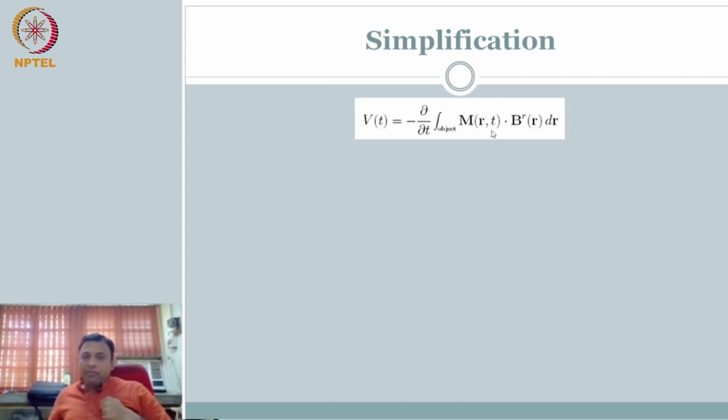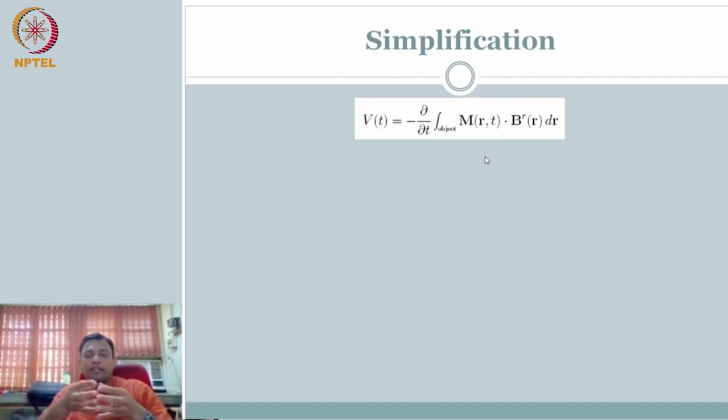Then you have this M(r,t) over your volume. M(r) is a function of location, t is a function of time. So why should we worry about that? If you take a small sample volume, so your r is at some location, you're taking a small sample volume, then we could pretend that within that sample volume there is not much change.